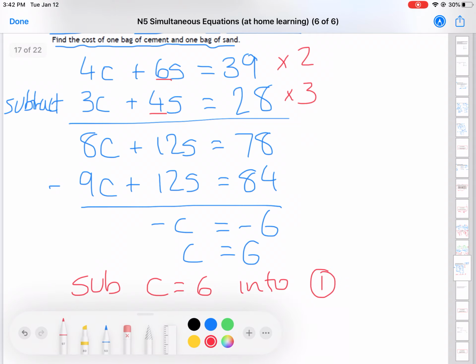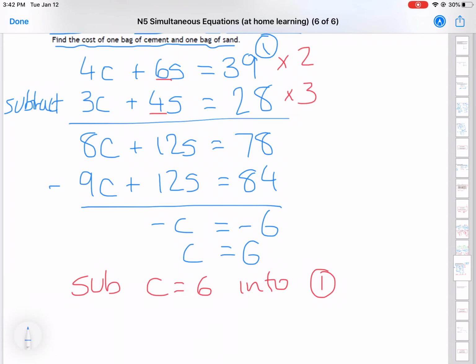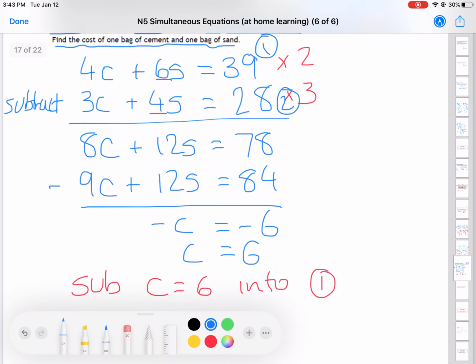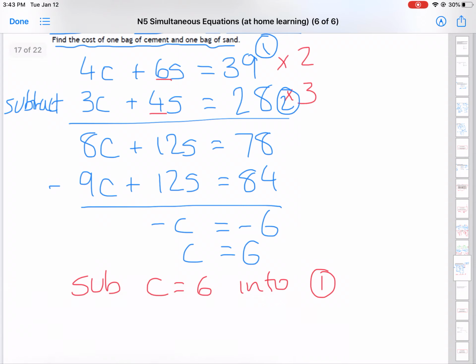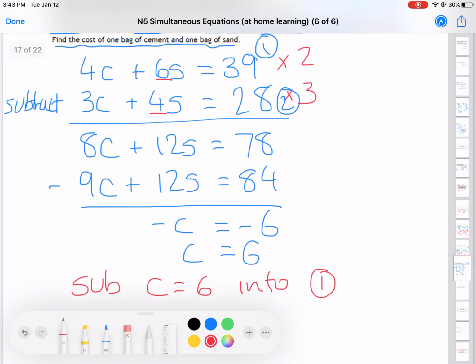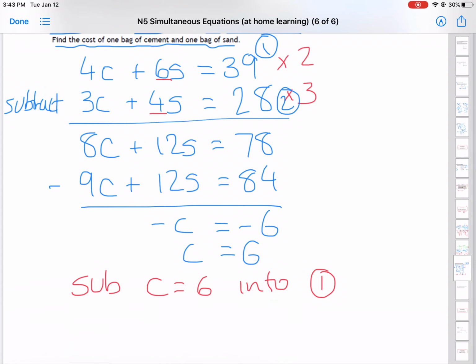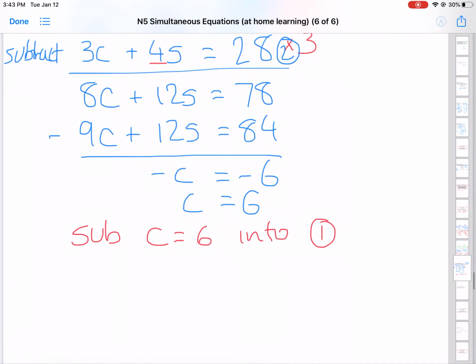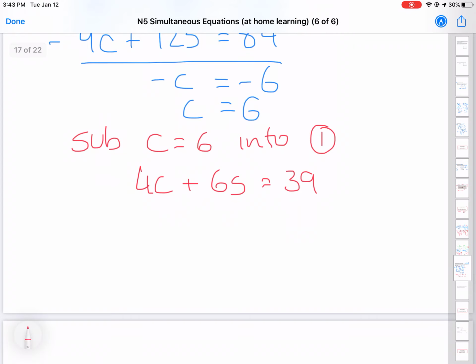Okay, so I should have labelled these two already, 1 and 2. Okay, I'll generally make them 1 on the top, 2 on the bottom. Right, equation 1 is 4C plus 6S equals 39. Can substitute that in there then.